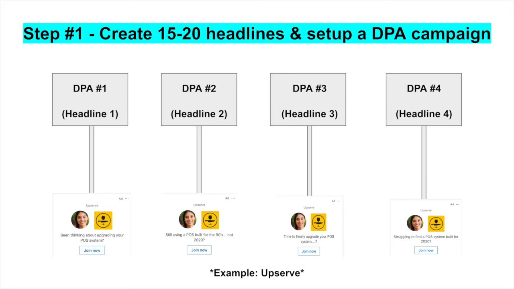So in this example, I've used Upserve. Now, I actually featured these guys in one of my LinkedIn ad makeover shows, so I thought I'd just quickly feature them here. So basically what I mean by this is step number one is, first of all, before you even touch LinkedIn advertising or what I call the DPA campaigns, dynamic personalized ad campaigns, what you need to do, you and your marketing team, is come up with, I'd probably say 15 to 20, if you want to come up with more, 20, 30 different headlines, okay, that touch on slightly different pains, or that come at your product from a slightly different angle, okay?